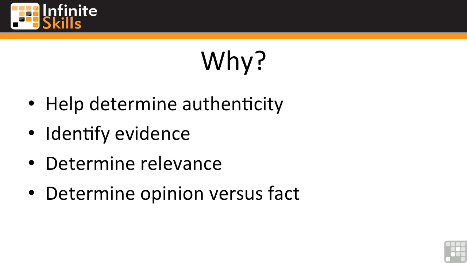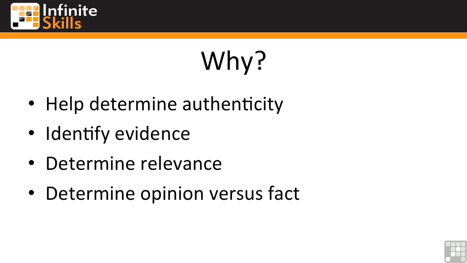They're also there to help identify evidence. So what is the evidence and how does it relate to the case? So is it relevant? The federal rules of evidence determine relevance. They also help determine opinion versus fact, and this is more related to a case where you might become an expert witness.